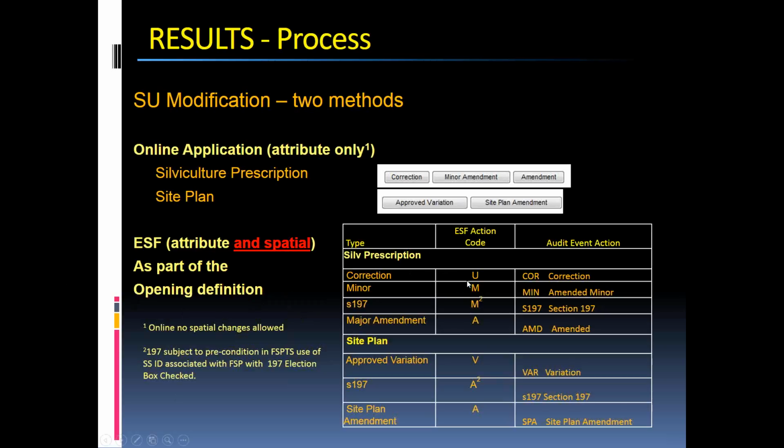In the case of silviculture prescription, we have U for correction. U is update, but it stands for correction for the silviculture prescription component.